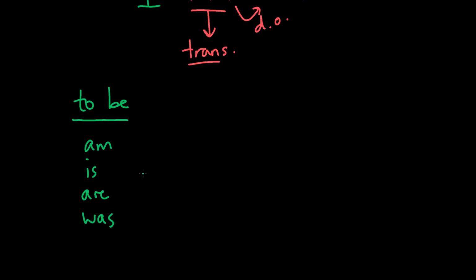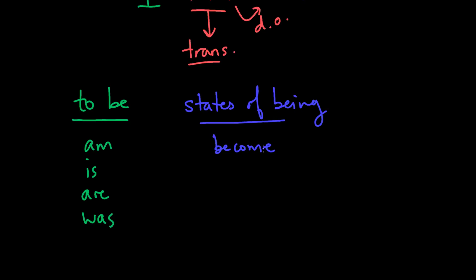on. The second category consists of verbs that have to do with states of being. So states of being, and we'll just list a few of these here. If I say I become, you can see that it's still a kind of equal sign there, but in this case we're talking about a process, a state of change in this case, but there's still that kind of equation going on.